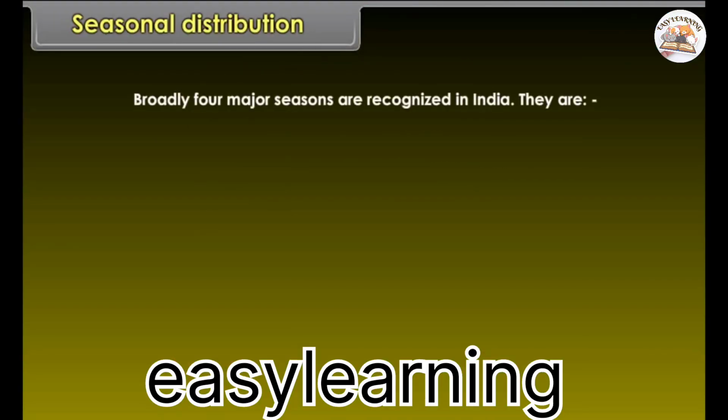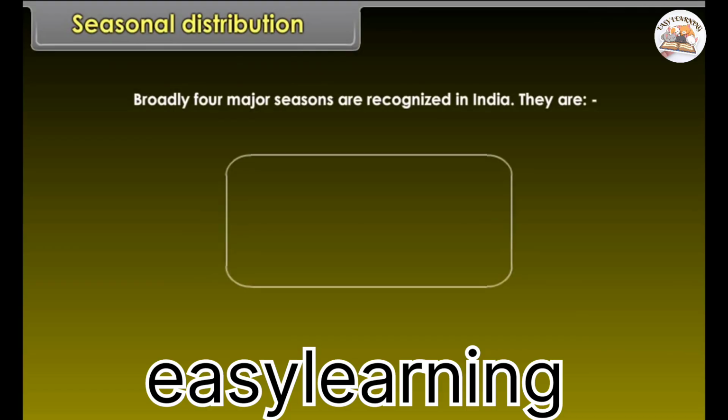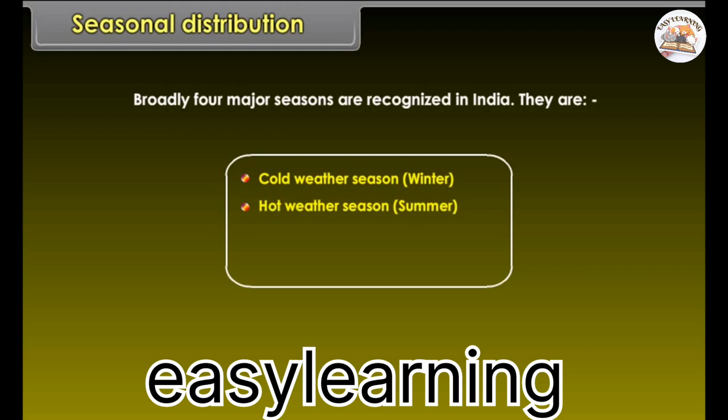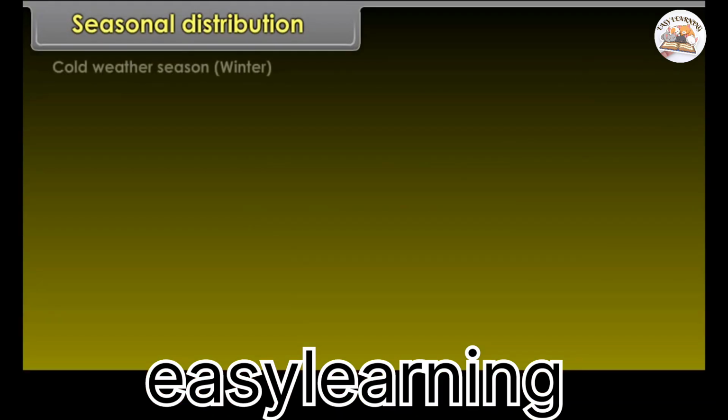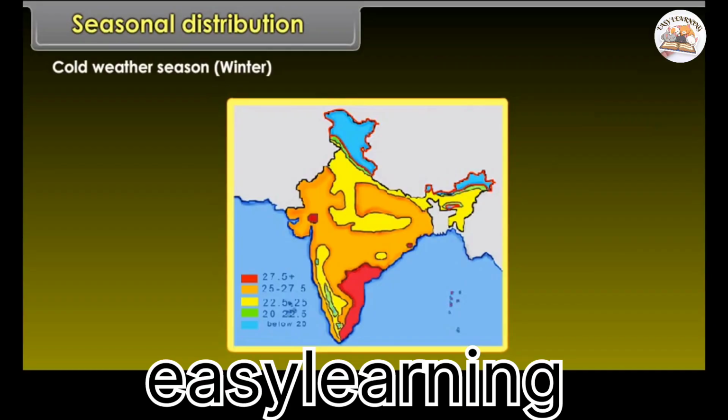Seasonal distribution. Broadly, 4 major seasons are recognized in India. They are cold weather season, winter; hot weather season, summer; southwest monsoon season, rainy; season of retreating monsoon. Cold weather season, winter.